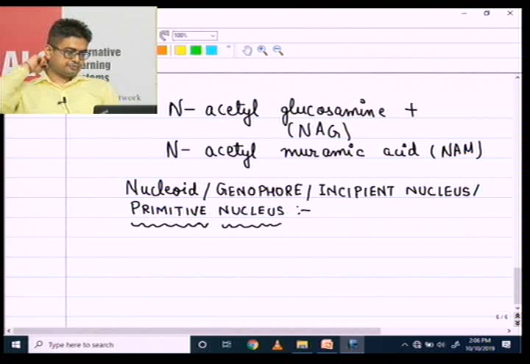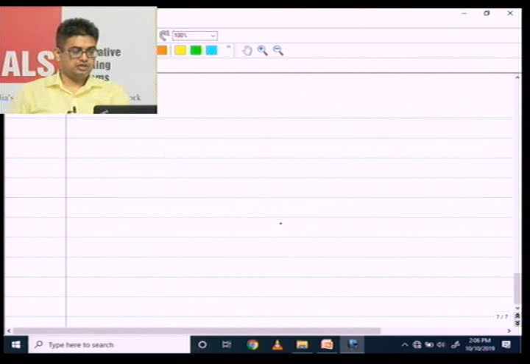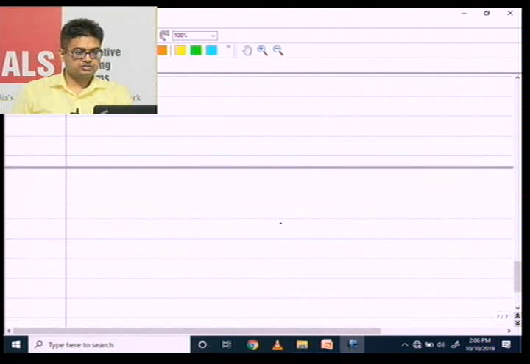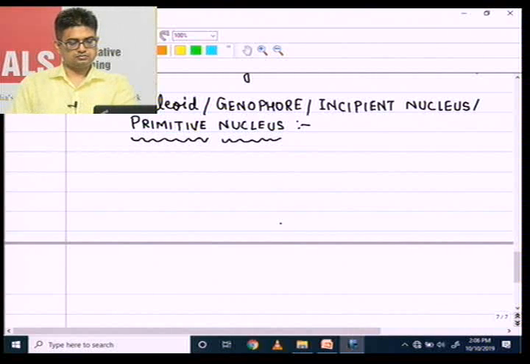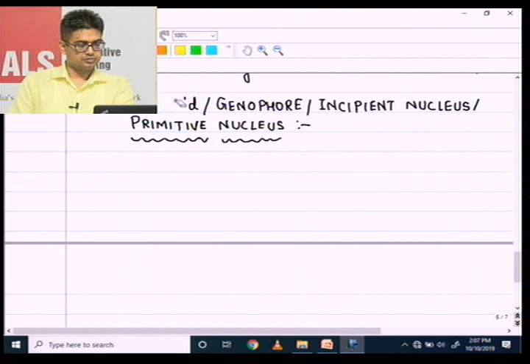These are the alternative names. I hope everybody can write all this. I'm writing capitals also, so that some things are clearly visible.